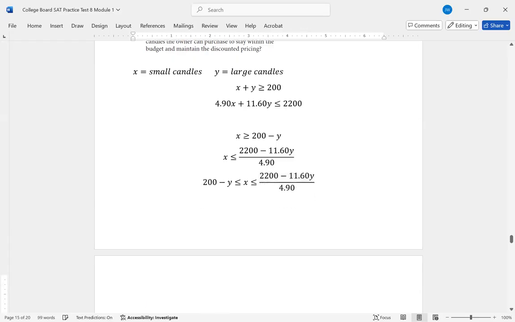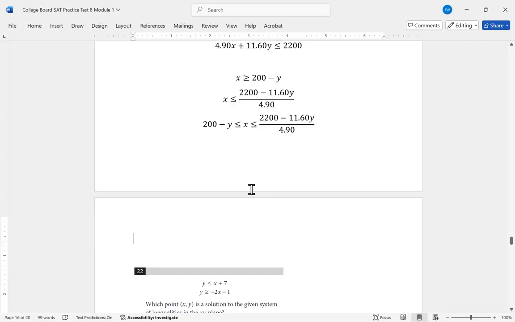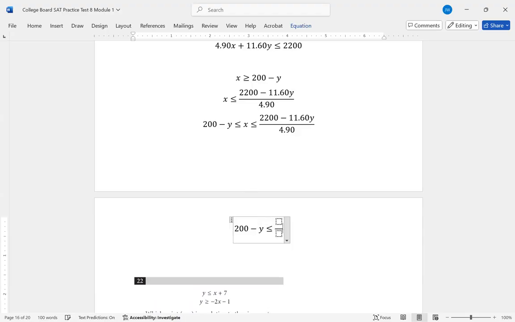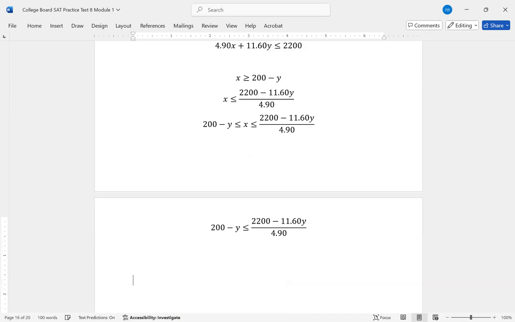So I'm going to eliminate the X and just think of this as 200 minus Y has to be less than or equal to 2200 minus 11.60Y divided by 4.90. Now I have an inequality that I can solve for Y, which remember was the number of large candles.